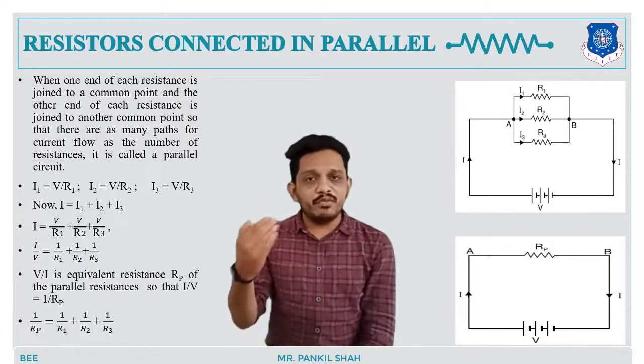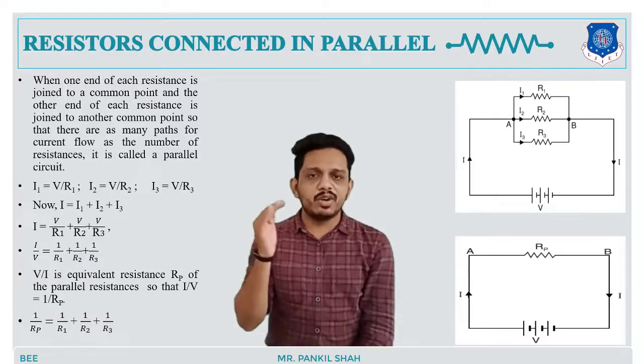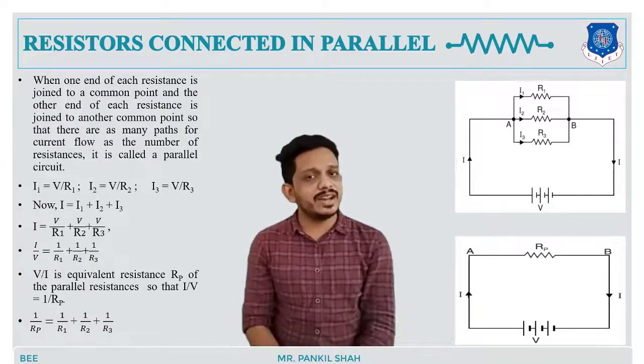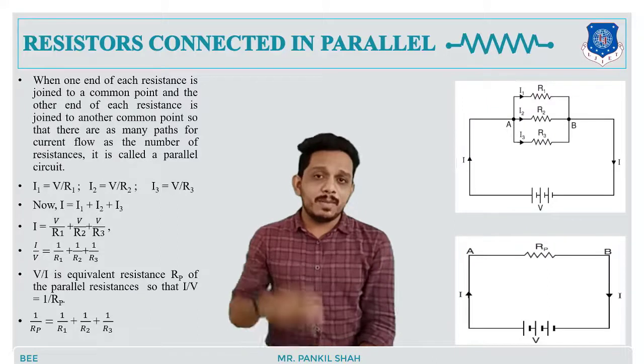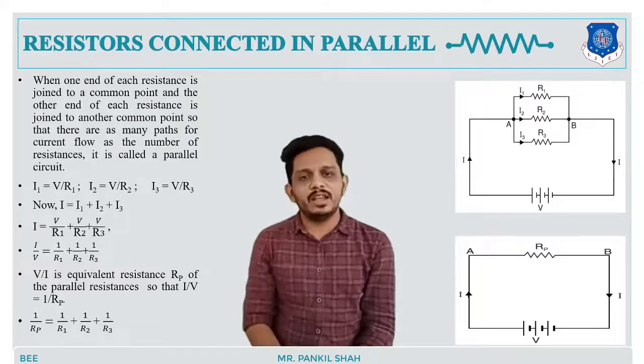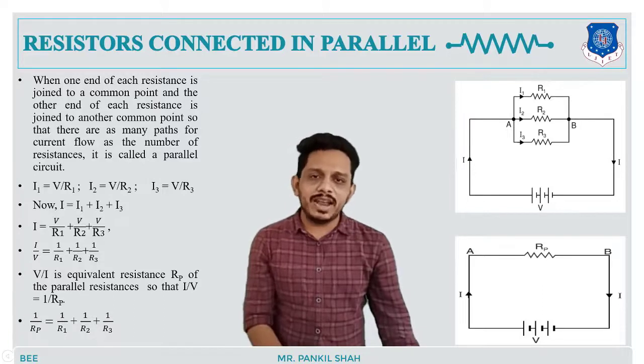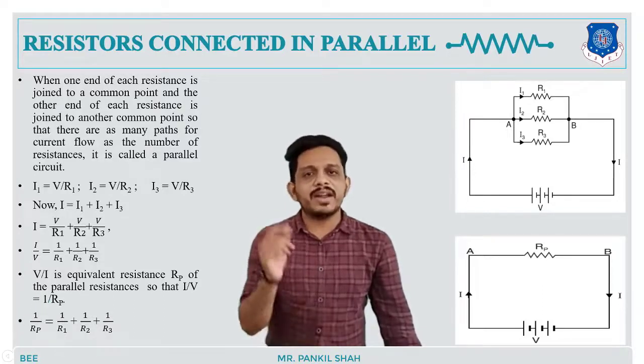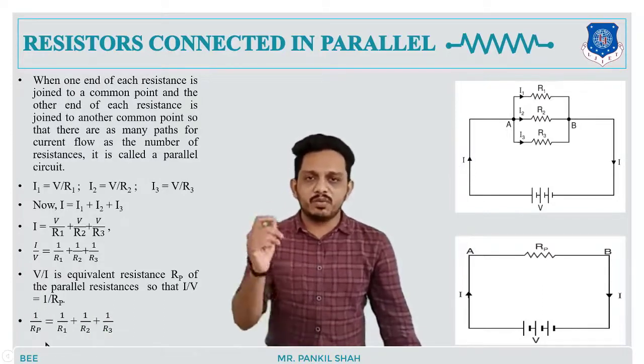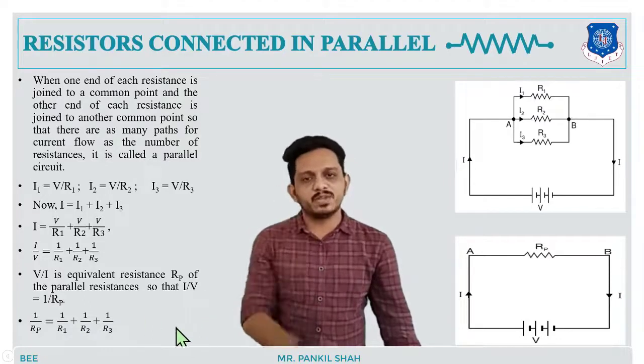We know that V upon I, the total voltage to the total current, is always constant, and it is known as the resistance. But I upon V will be 1 upon R equivalent. So the equation of the equivalent resistance can be written as 1 upon R equivalent is equal to 1 upon R1 plus 1 upon R2 plus 1 upon R3.